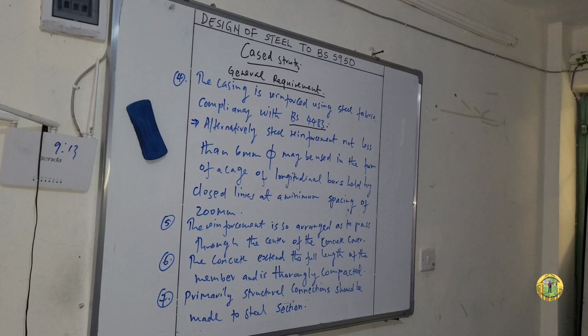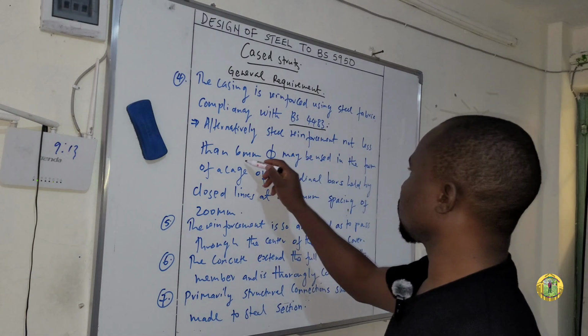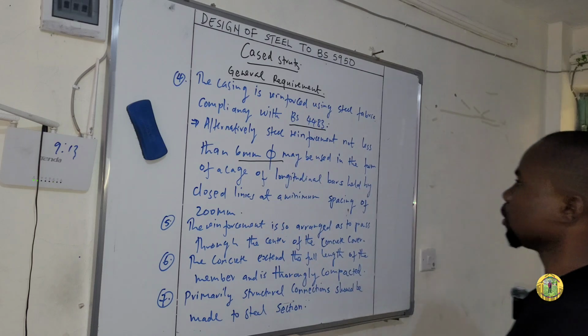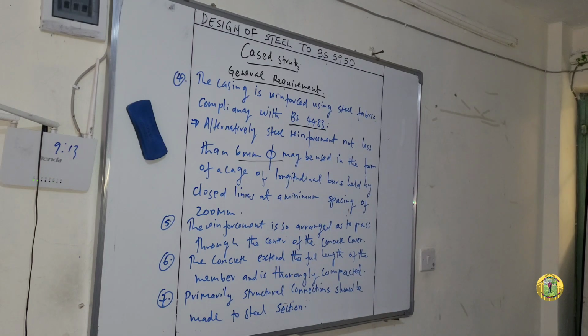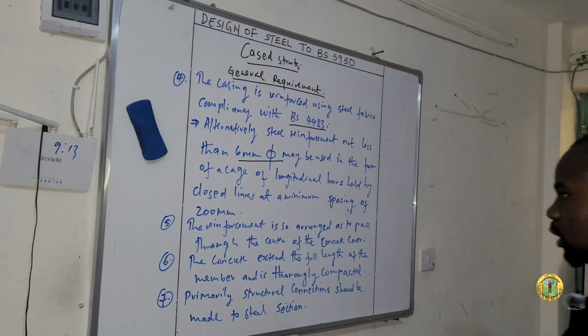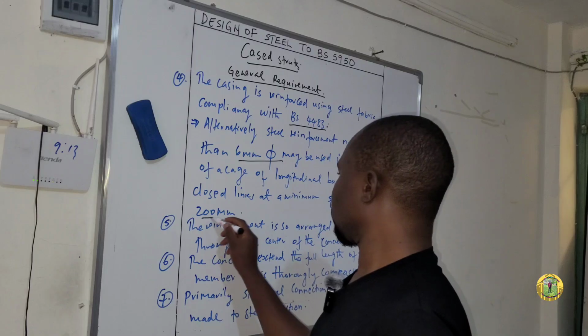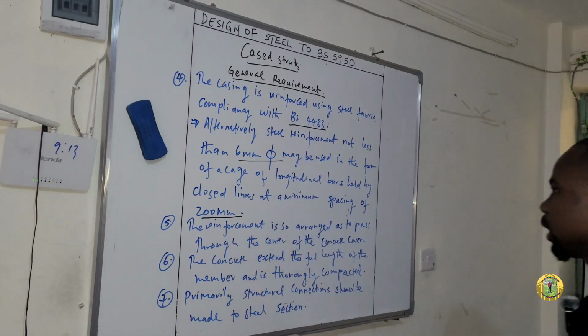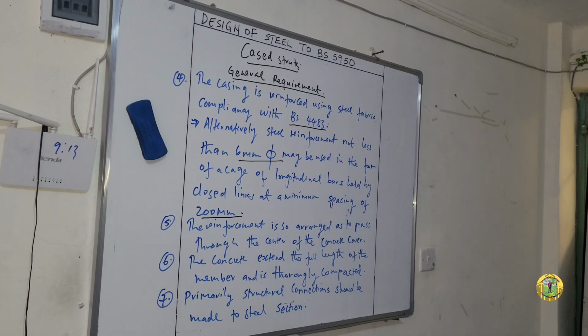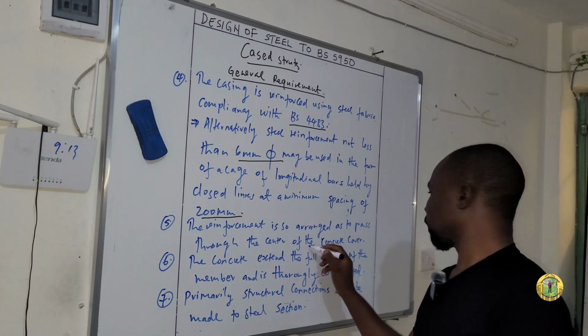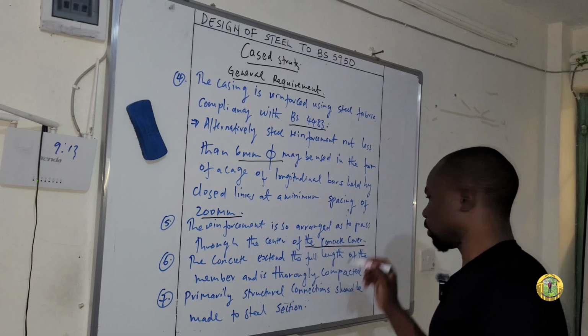Alternatively, steel reinforcement not less than 6 millimeter in diameter may be used in the form of a cage of longitudinal bars held by closed links at a minimum spacing of 200 millimeters. So you will see this later in the diagram. The reinforcement is so arranged as to pass through the center of the concrete cover.